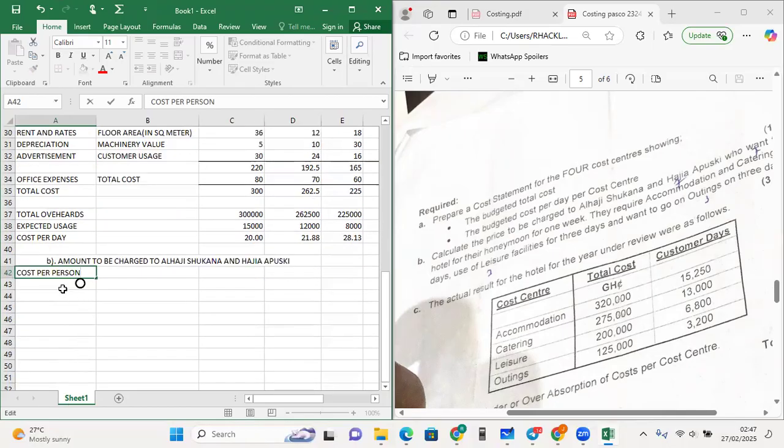Remember, we have accommodation, we have meals, we have leisure, we have outing.